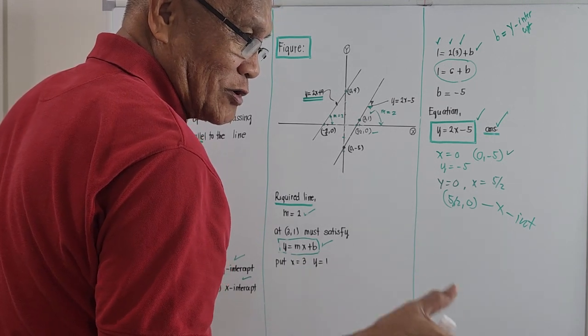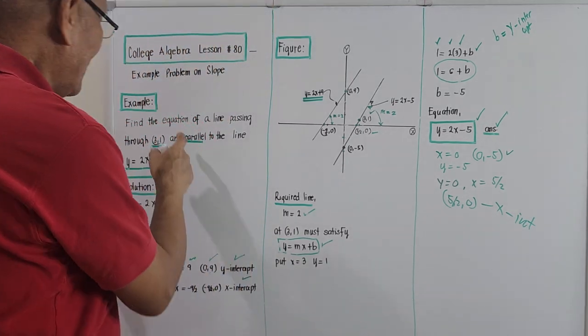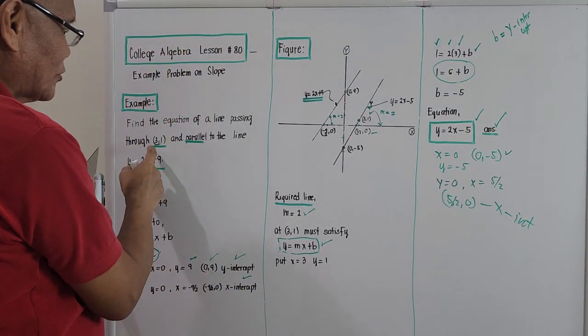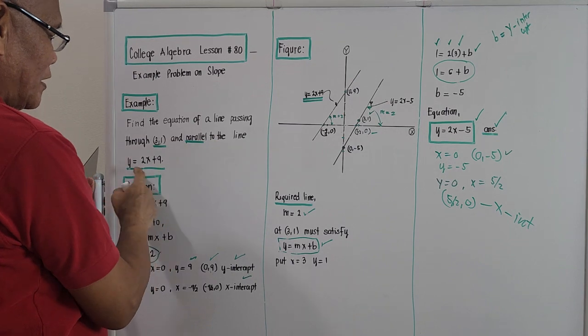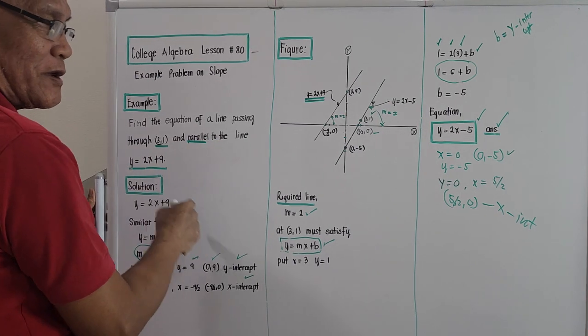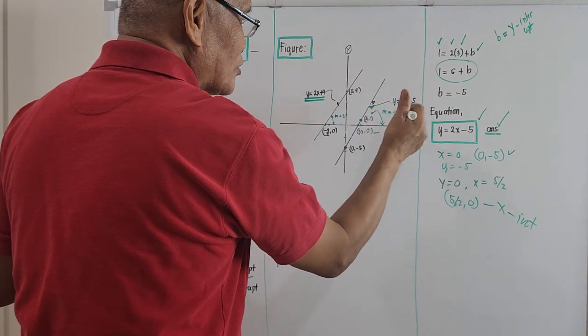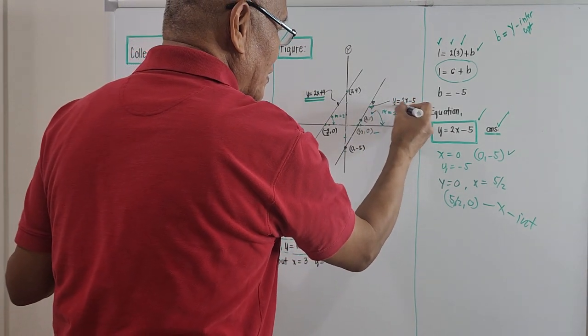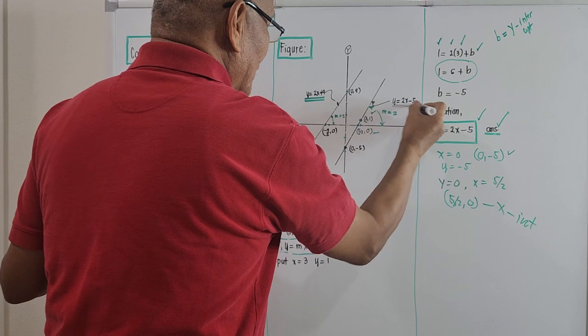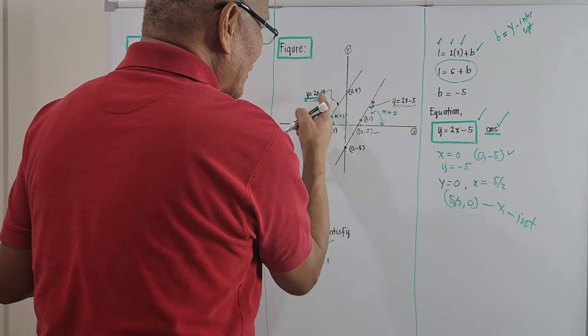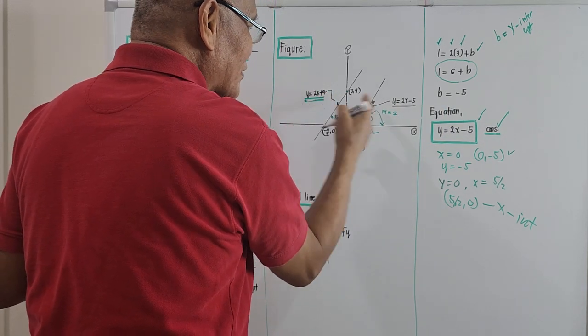So that's the key to the solution of the problem, because it says find the equation of the line passing through (3, 1) parallel to the given line y = 2x + 9. The equation of this required line is y = 2x - 5. They are almost the same except for the y-intercept.